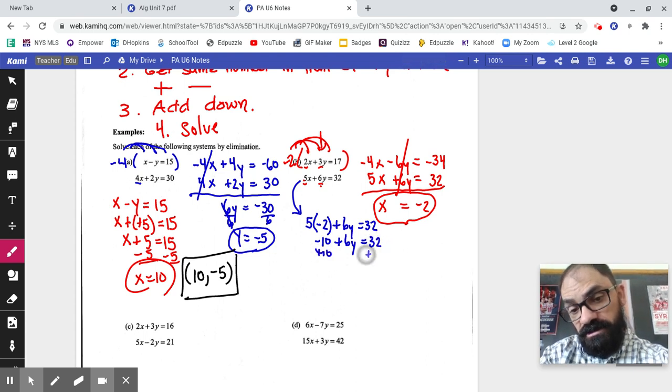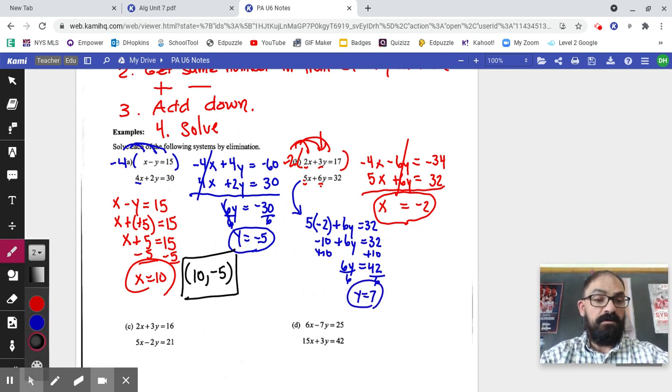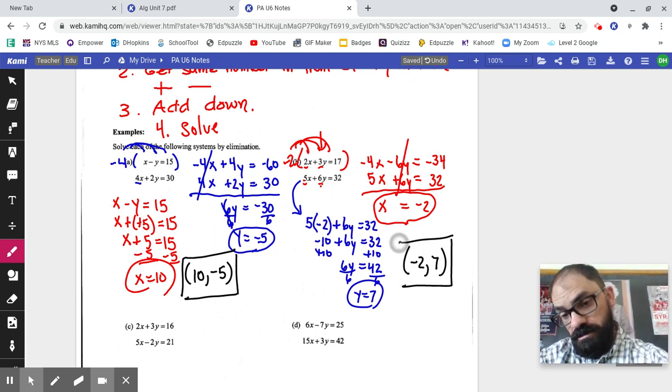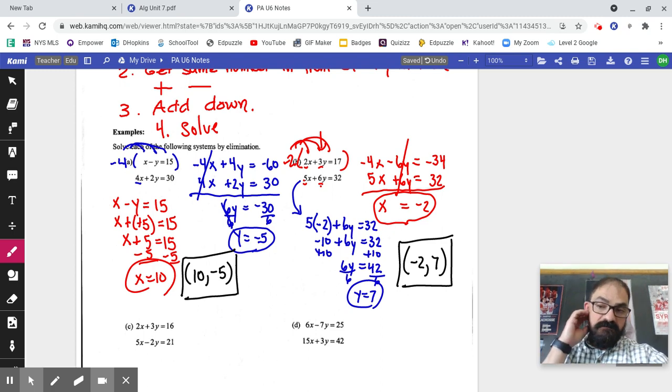Add 10 to both sides. And divide by 6. And this is where they intersect.